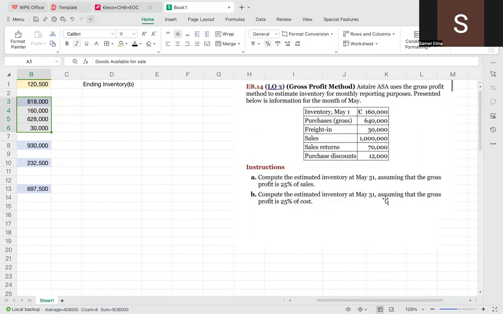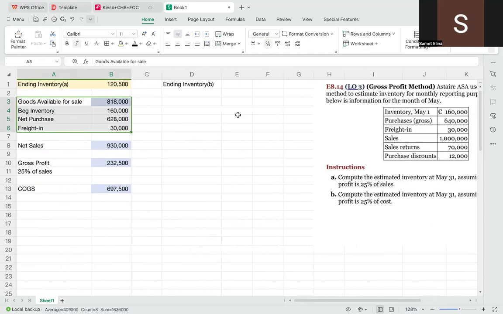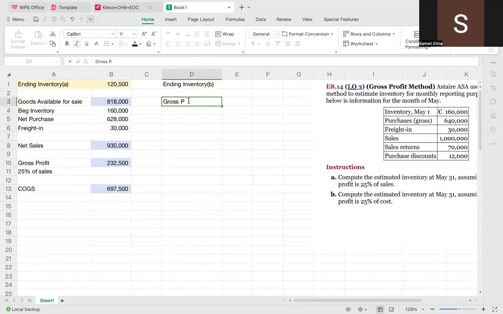Compute the estimated inventory, assuming that the gross profit is 25% of cost. Gross profit is 25% of cost, which means every time we earn $1, we need to spend $4 of cost in order to make that profit, right?